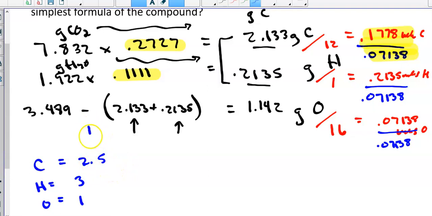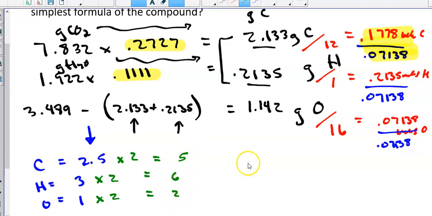This doesn't work because these have to be whole numbers. But it's not too bad. To make 2.5 a whole number, I just need to double it. So I multiply every one by 2, and I get 5, 6, 2.